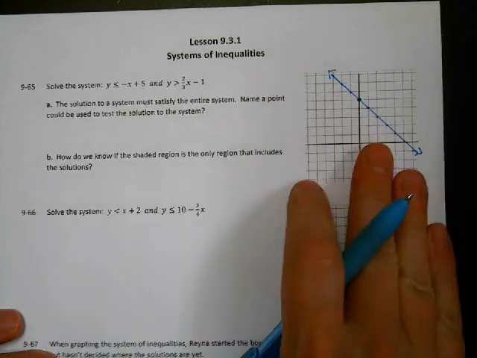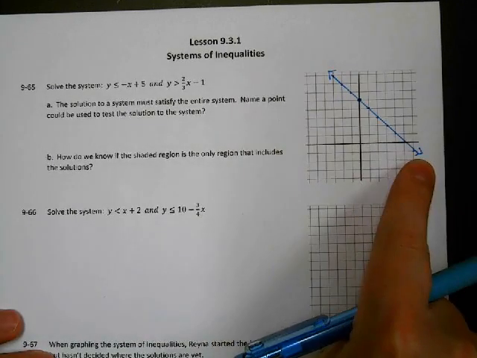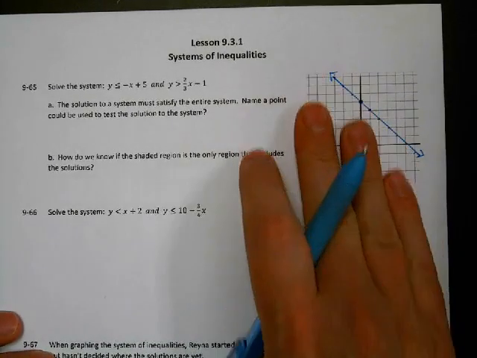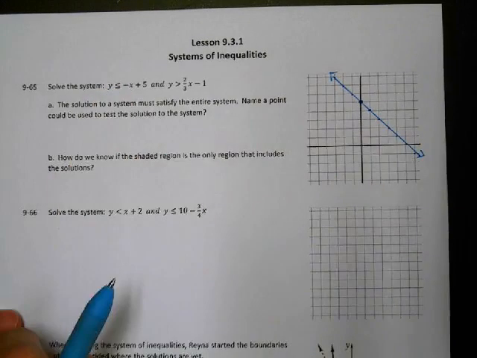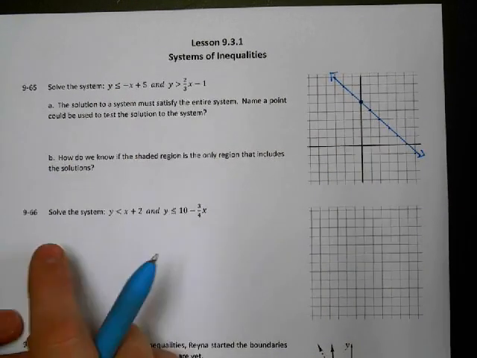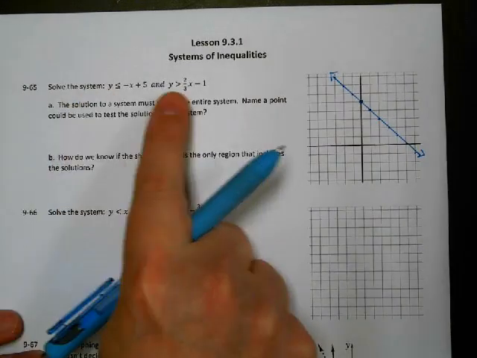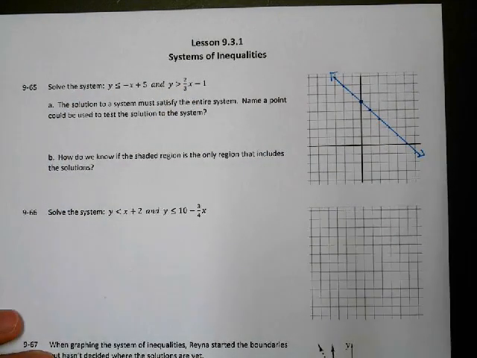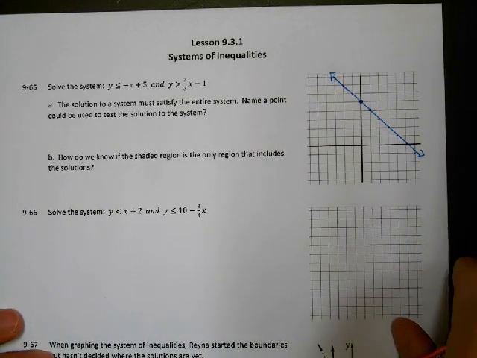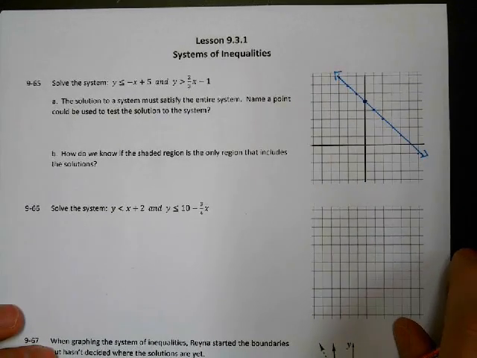Because for this particular inequality, everything on the line is a solution, and everything below the line is a solution because it's less than. But it's not just that one, it's a system. We have a second inequality that's competing with it. And we have to find out, where do they both have agreement? Where do they both share solutions?